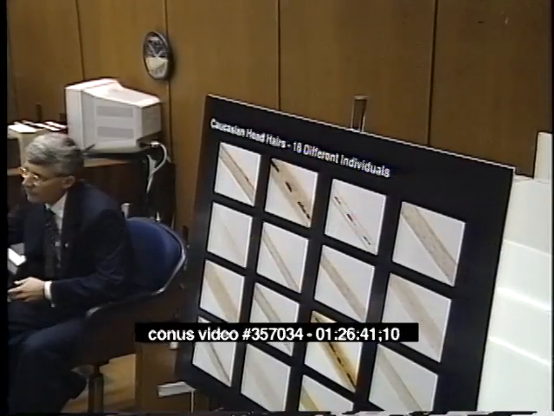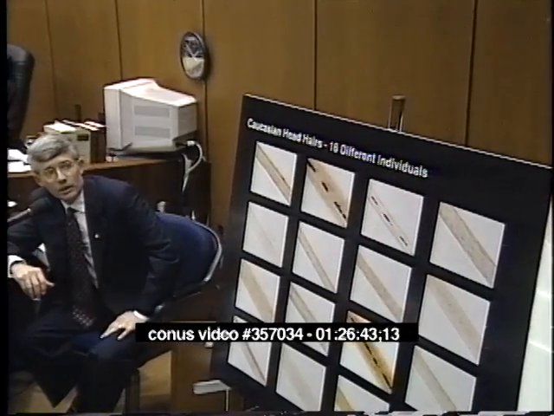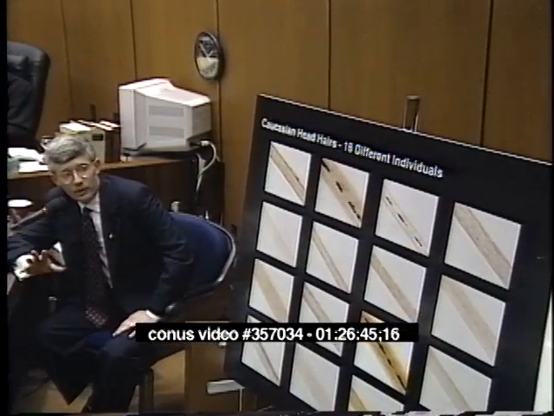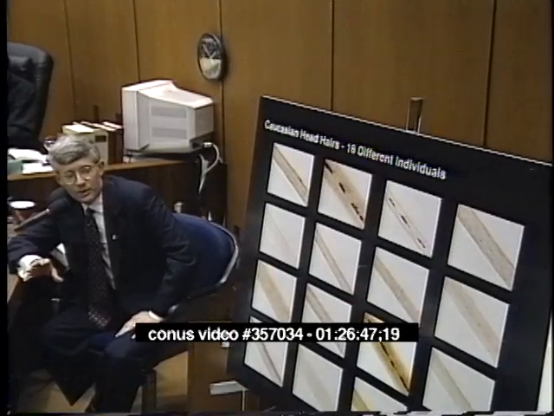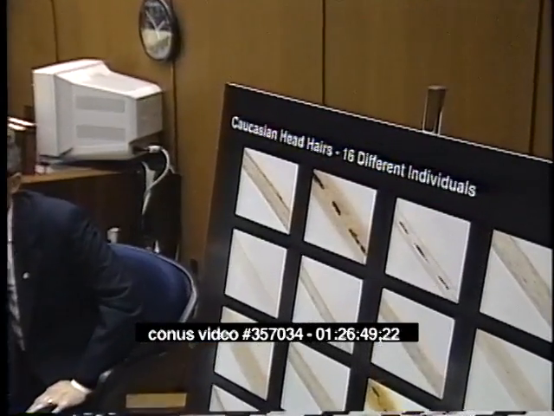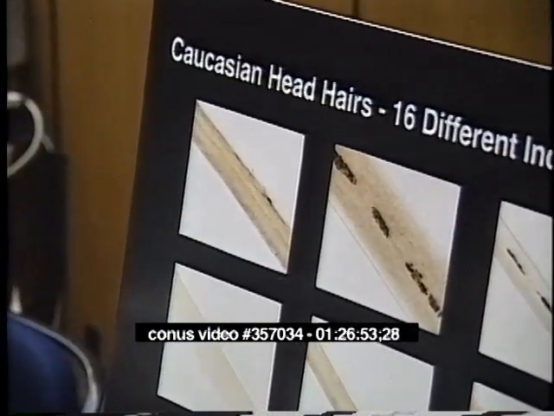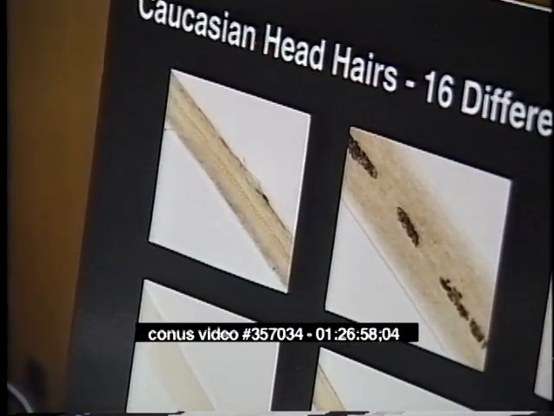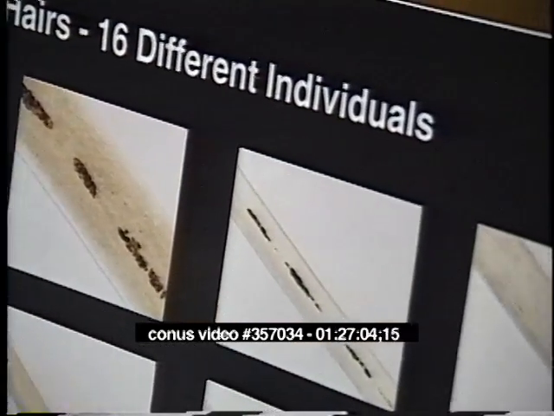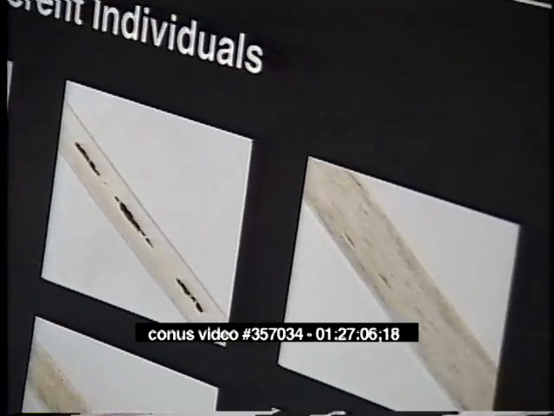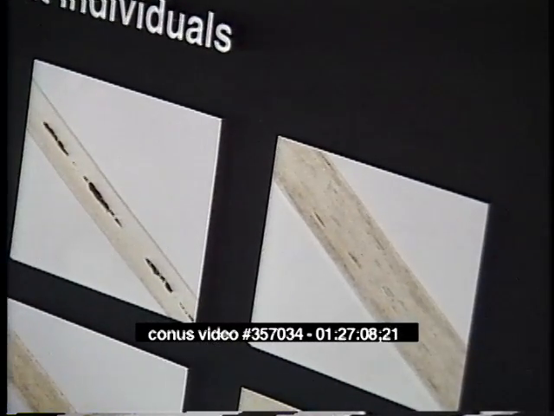Well, there's a couple things, I believe, in this chart, trying to show that there's a variation or randomness to the color, to the pigmentation, distribution, to medullation, or the medulla that you see running down. Some of the hairs have them, some don't. You may find hairs that don't have a medulla and others that do, even in one person. Again, it just shows some of the variation.